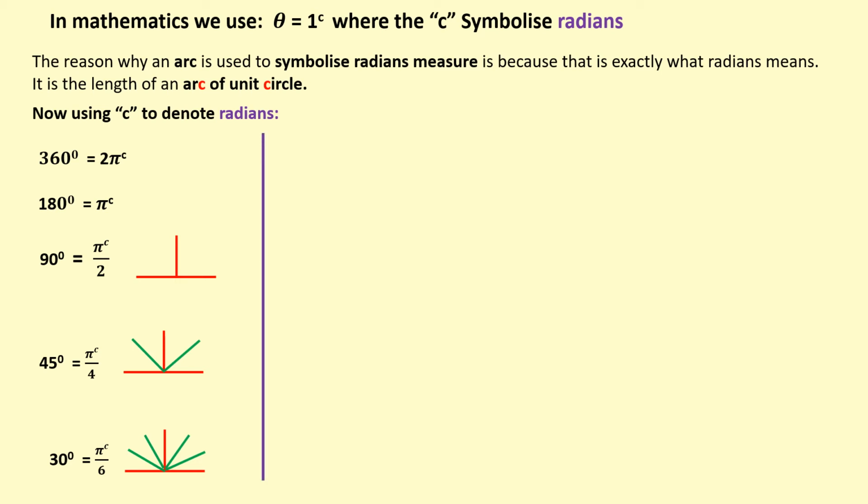Now of course we are expected at some point to convert degrees into radians, and that could be 60 degrees, it could be 120 degrees, it could be 135 degrees, we could be asked to do 210 degrees, we could be asked to do 270 degrees, or we could be asked 225 degrees.